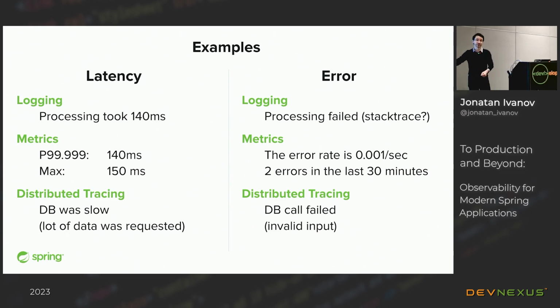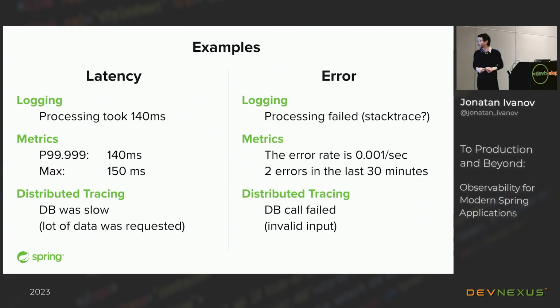It's quite bad, actually. And distributed tracing can tell you why it is 140. It can tell you that this was slow because, for example, the database call was slow. And sometimes it can tell you that the database was slow because somebody just requested a lot of data instead of doing pagination. This is a theoretical example, but I will show you these in a demo.